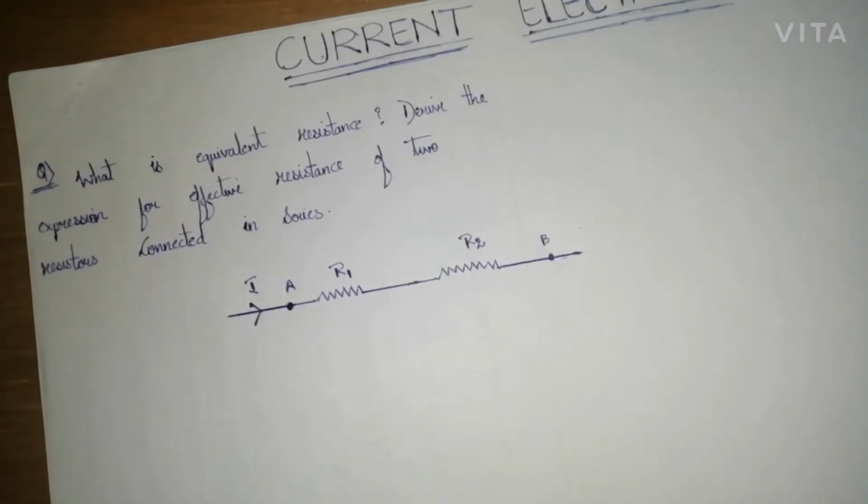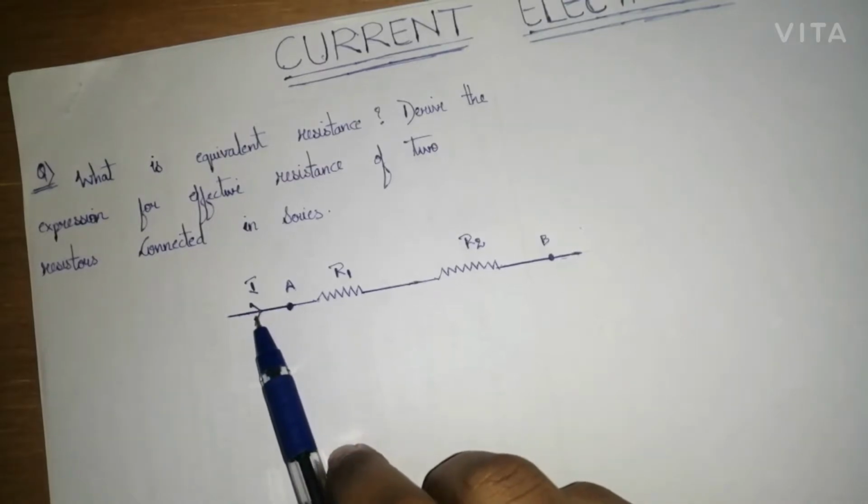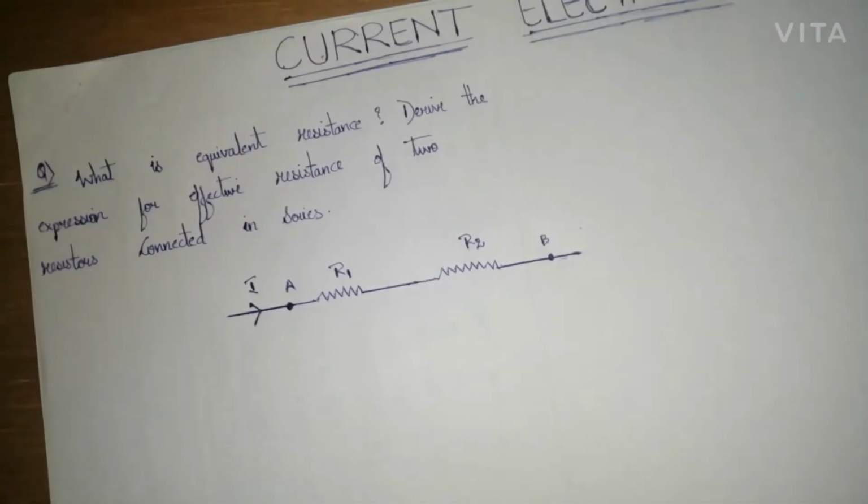When can you say two resistors are connected in series? First thing is that the current flowing through both the resistors should be the same. Fix this in your mind. Very important.